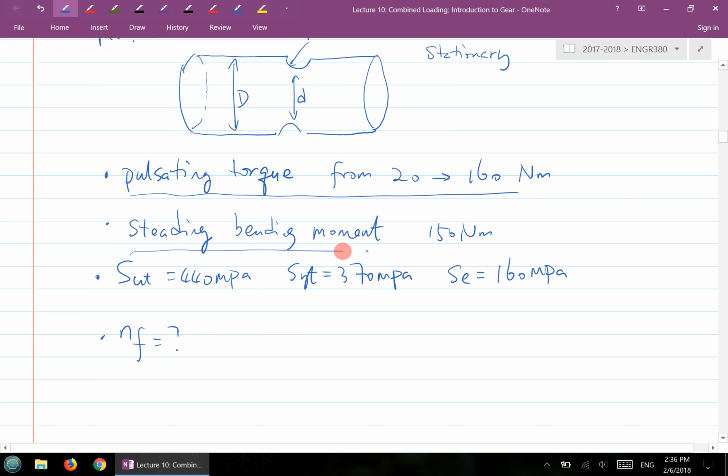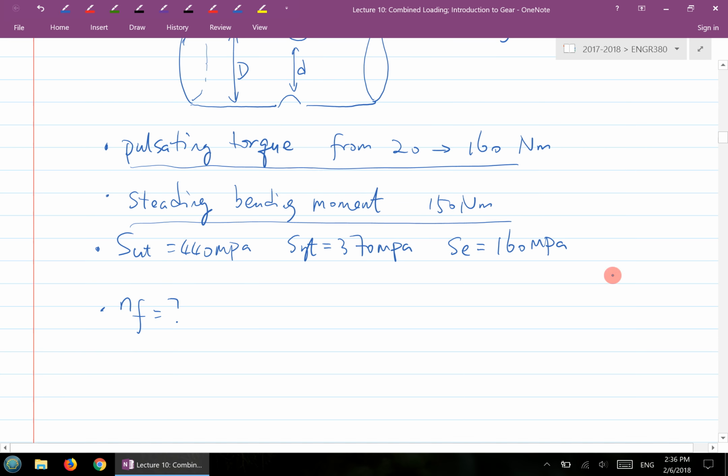Based on the given loading condition, we can examine which of the three categories it falls into: completely reversed, fluctuating, and combined loading. Let's look at the first statement. It's a pulsating torque from 20 to 160.